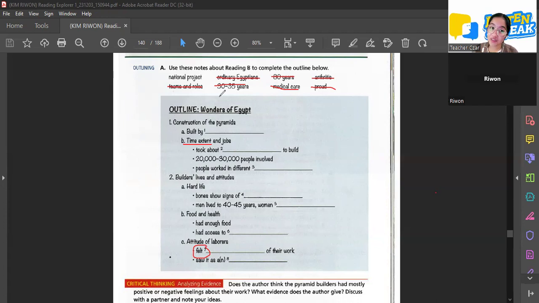Even though they had a hard time building it, they still had enough food to eat and access to medical care. So meaning the emperor or the king in Egypt still cared for those builders. So meaning the king was not that bad back then. Okay? Did you get it?